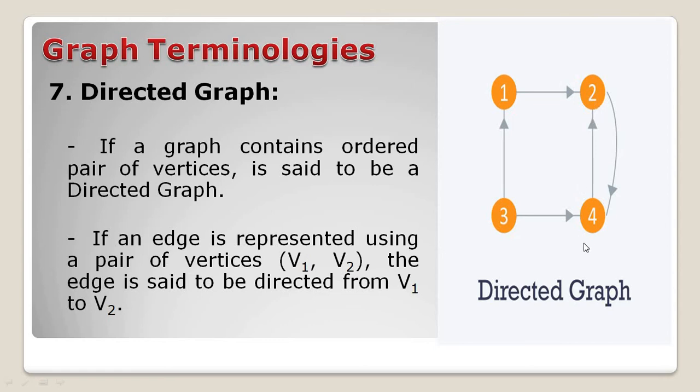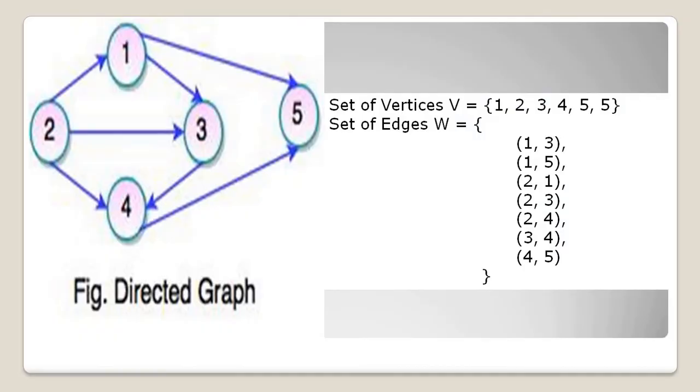In that case 4 is the starting vertex and 2 is the end vertex. We also have an edge from 2 to 4 with direction, an edge from 3 to 4 with direction, and an edge between 3 and 1 with direction. This kind of graph we call a directed graph. So this is one simple example of a directed graph.